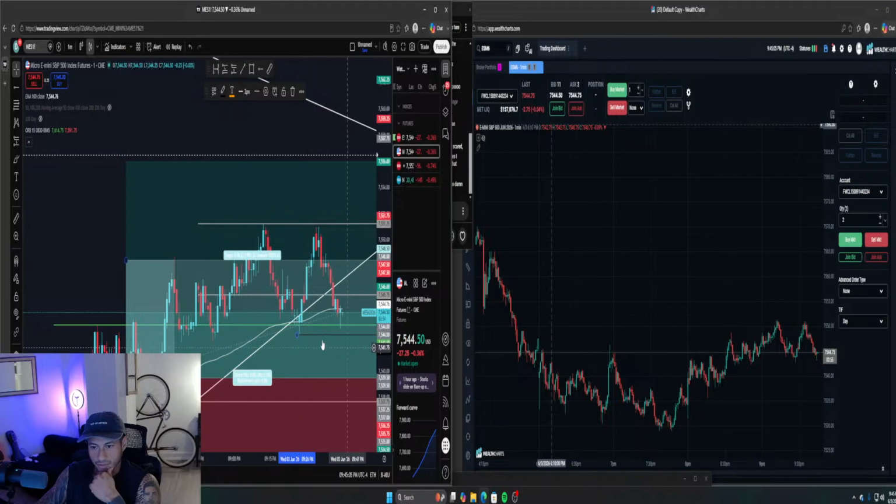So let's hope price can stay above this right here, because that's our previous low when it's come down to the EMA. So I want to see price stay above that and shoot up from here.